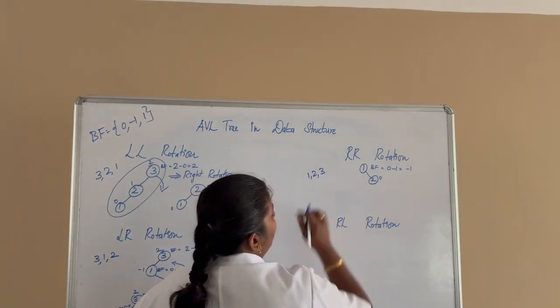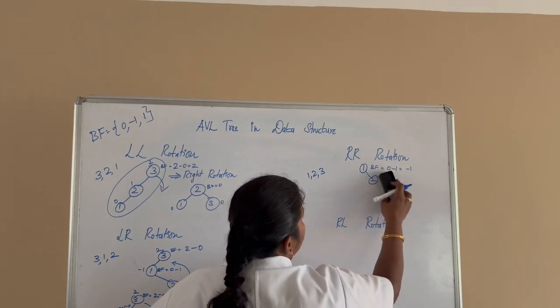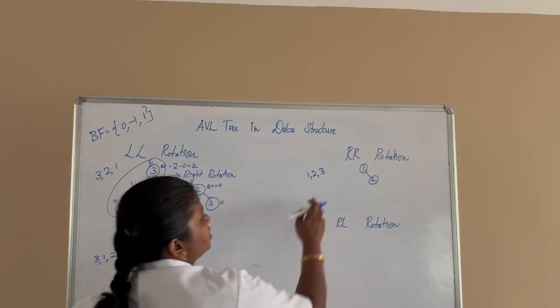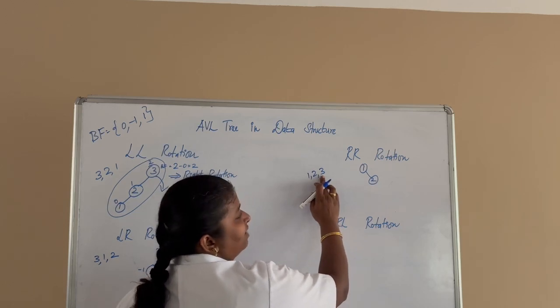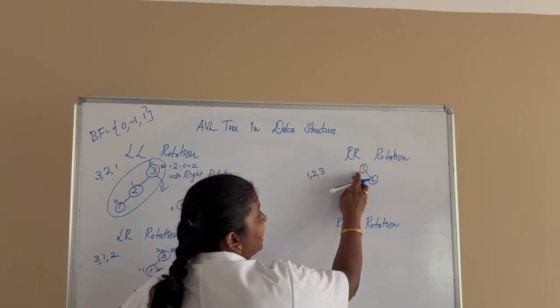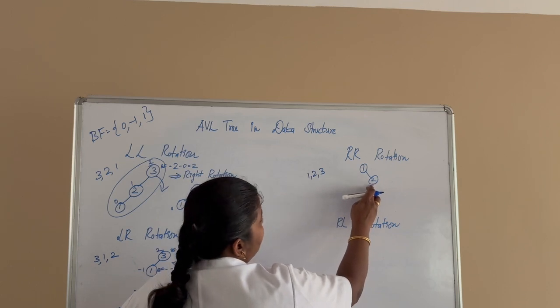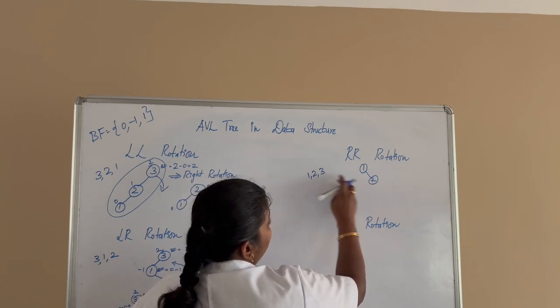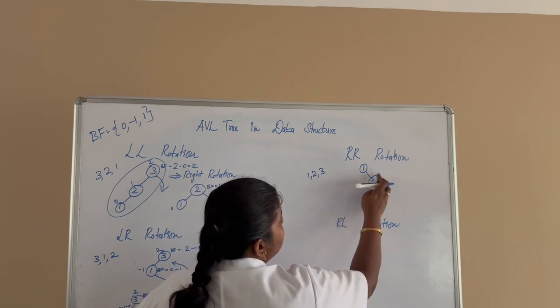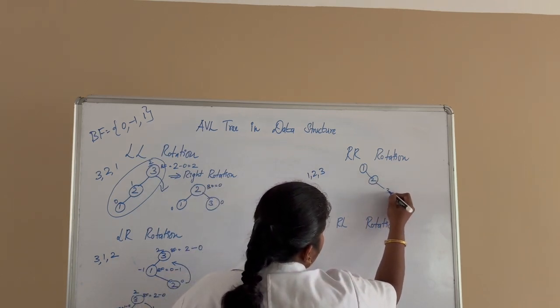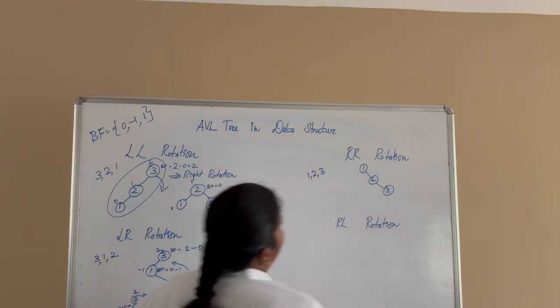Now you want to insert a new node 3. You have to check the value 3 with the root node. It is greater than 1, so it moves towards the right subtree. Then we check the value 3 with 2. It is also greater, so it is inserted as the right child of 2.